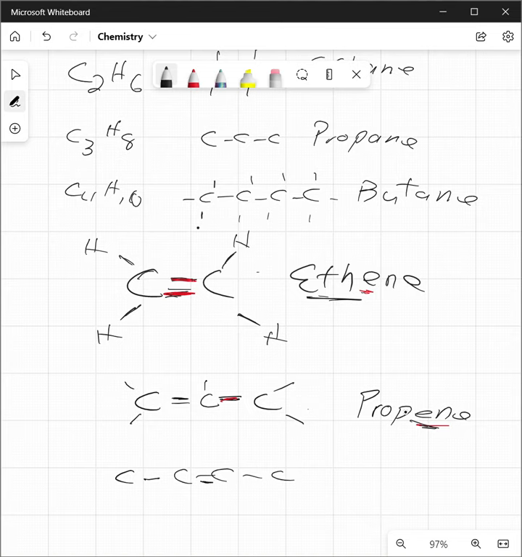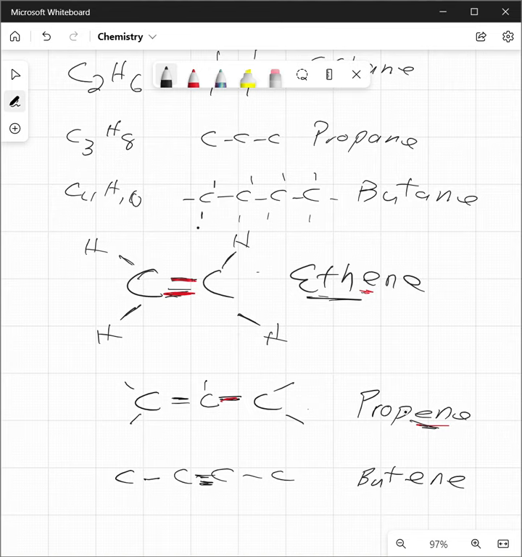So I have to specify where I'm putting that. We still have 1, 2, 3, 4, which was butane when it was all single bonds, but we know we have butene since we have a double bond.